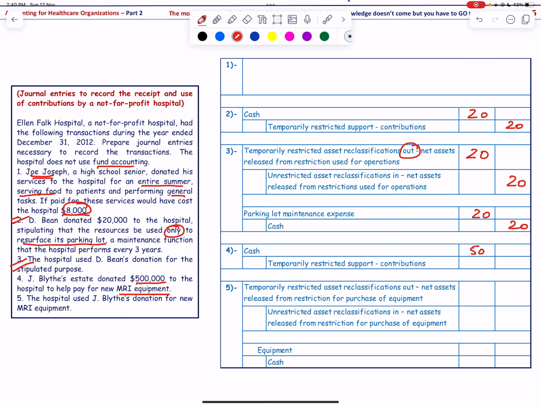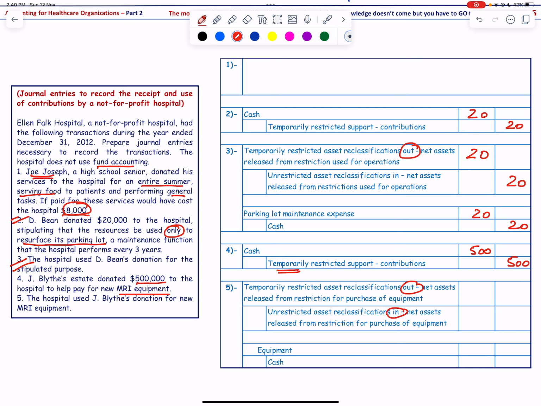So cash is debit. But since this money can be used only for buying a new MRI equipment, that's why this is temporarily restricted support, contribution credit by 500,000. Then the hospital uses the donation for the new MRI equipment. So once again, the temporarily restricted asset has to be reclassified as an unrestricted asset.